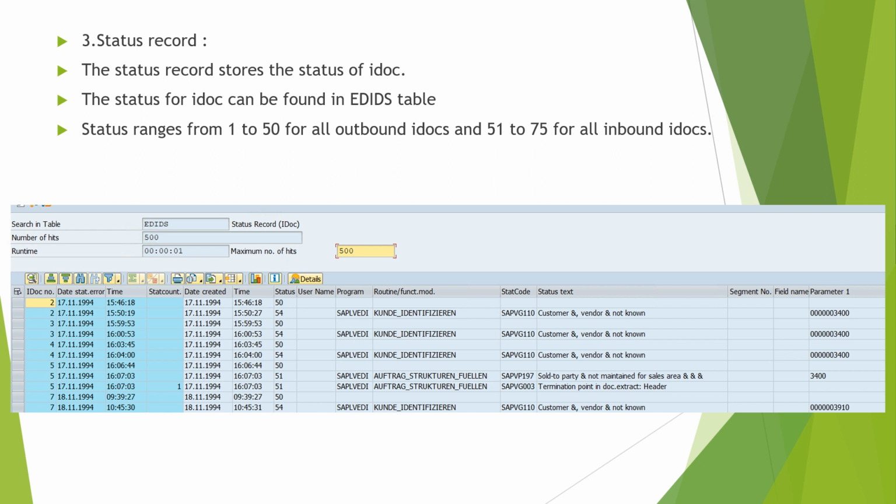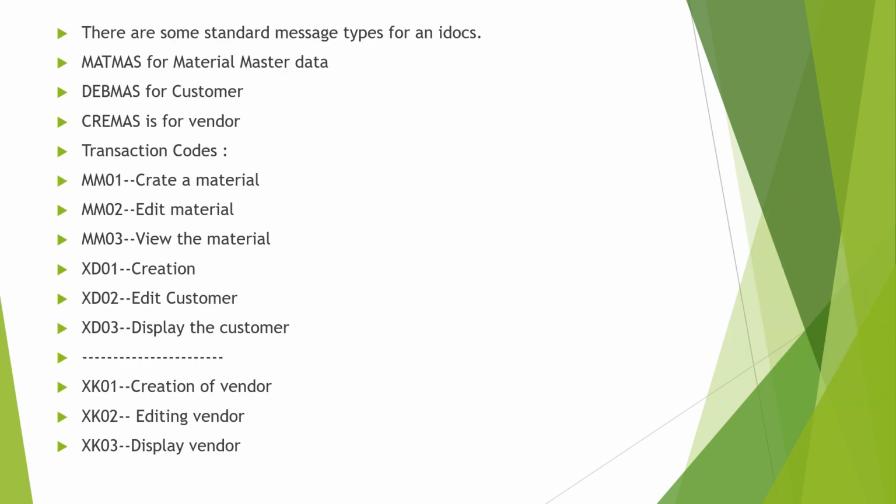If you look at the table here, you can find the IDOC information and the status information clearly. Based on this, you can understand the status of IDOCs. If you want to get the status for multiple IDOCs, you can just enter the IDOC numbers into this table and get the status of all the IDOCs in one shot.